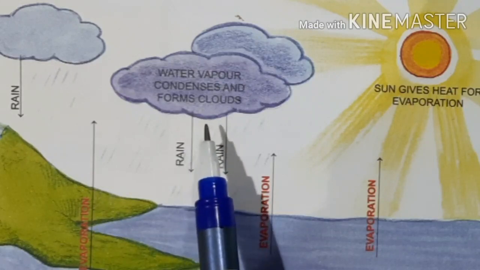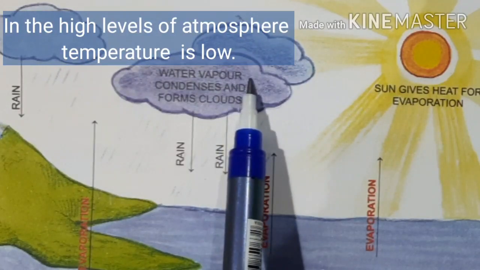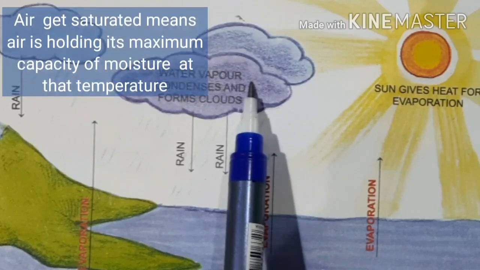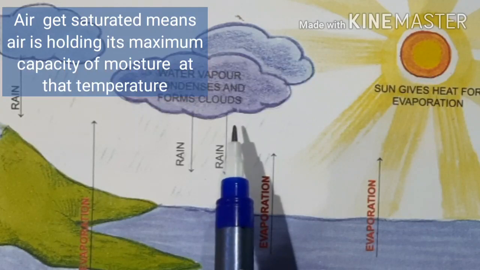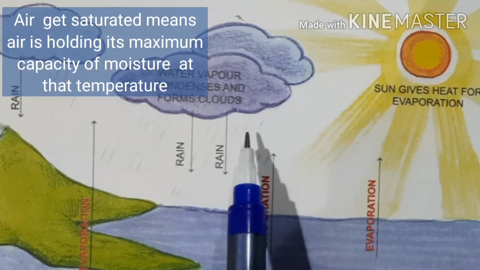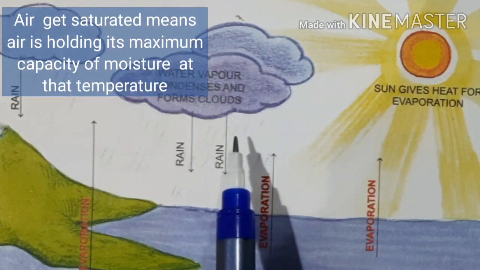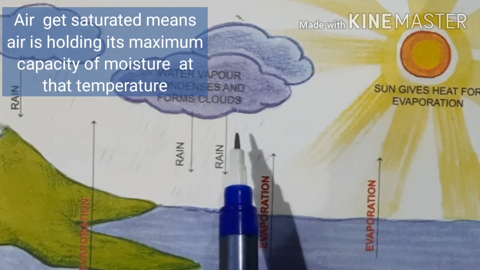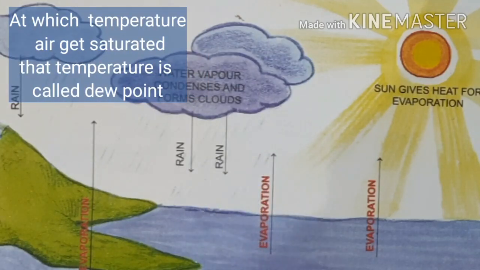Due to the low temperature in the higher levels of the atmosphere, the capacity of the air to hold moisture reduces. So the air gets saturated. Saturated air means it is carrying its maximum capacity of water vapor. The temperature at which the air gets saturated is named the dew point.